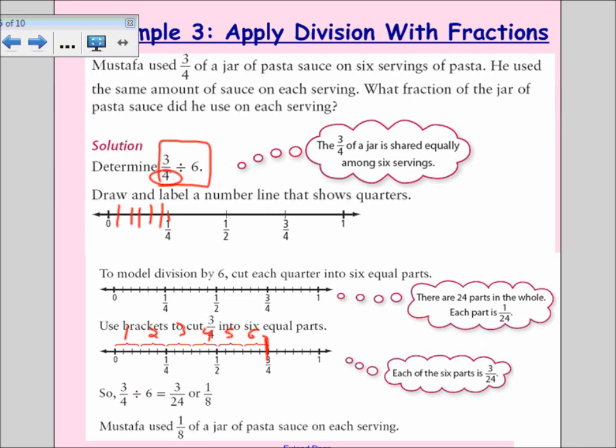We want one of those. If you count them up, there are 24 different lines right here. So we've got 3 over 24, which, when you divide both by 3 to get it into lowest terms, equals 1/8. Mustafa used 1/8 of a jar of pasta sauce on each serving.